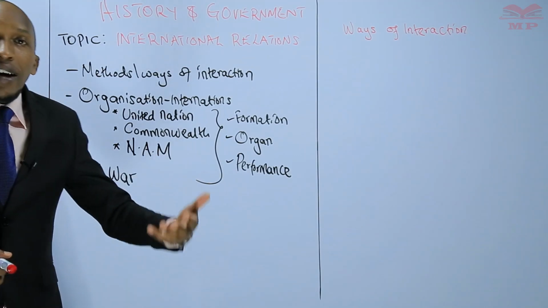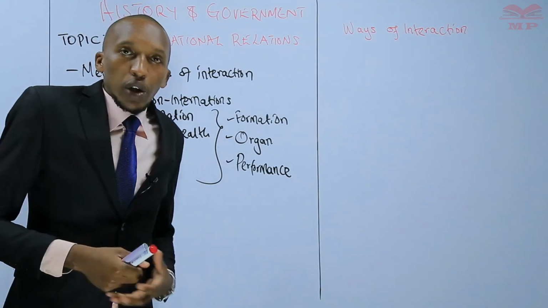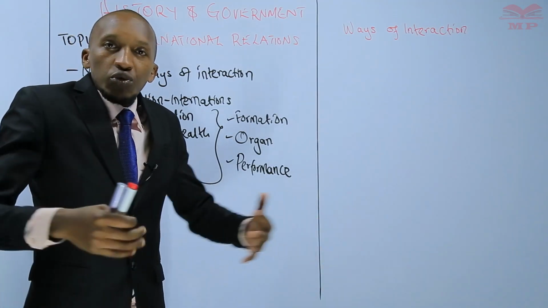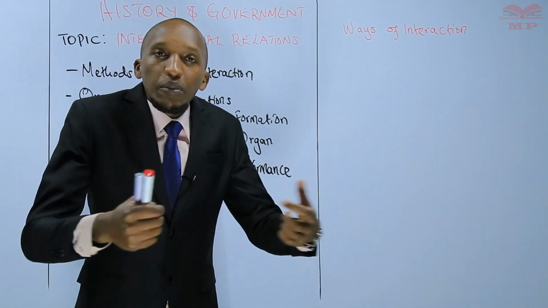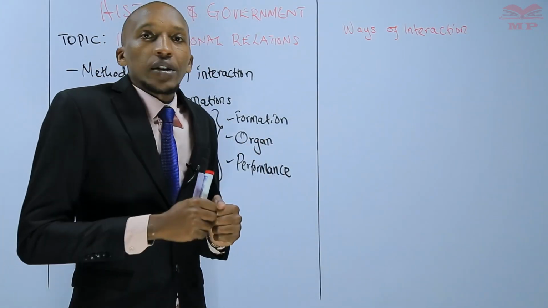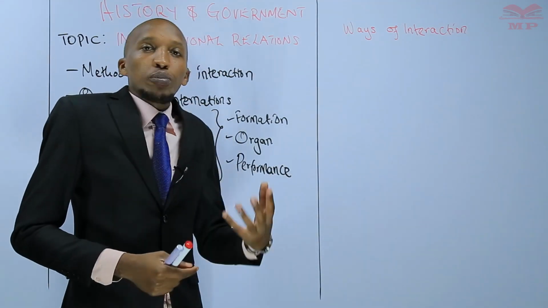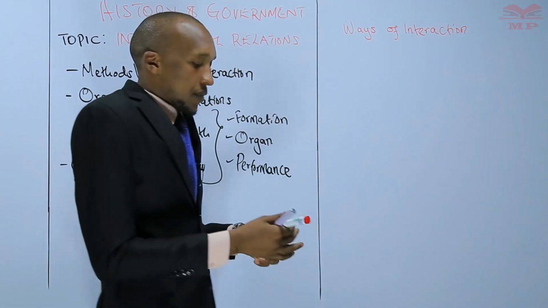So I've mentioned that immediately after the Second World War, there was a period of peace. Nations could now come together. They saw the importance of coming together and sticking together, trying to solve their problems amicably, as opposed to threatening or attacking the other nation.